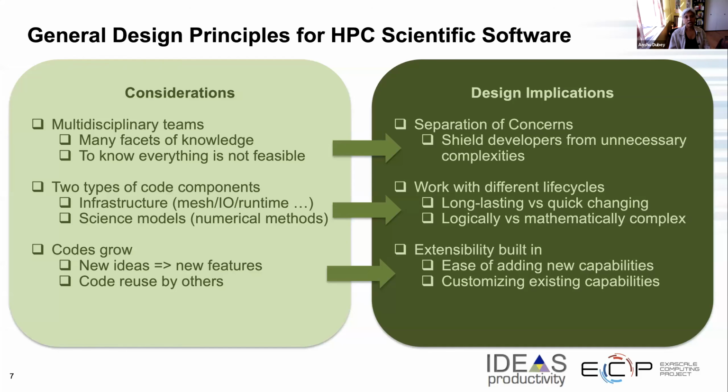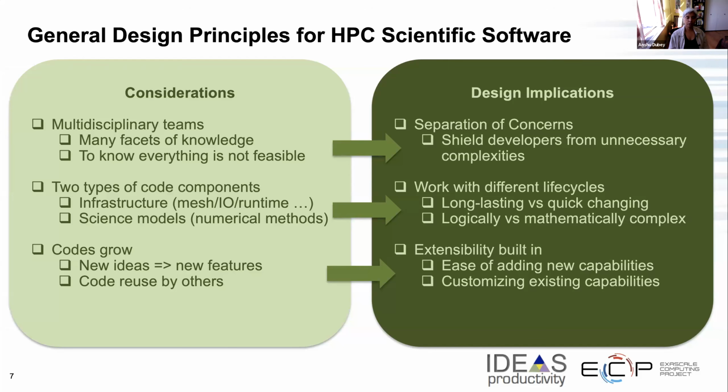So the general design principles for HPC software, as we have gelled from wide community experience as well as the general experience of the ECP projects, are that there are considerations and then they have implications on design. The considerations are that very often these science teams are multidisciplinary teams, and therefore they have to worry about many facets of knowledge.